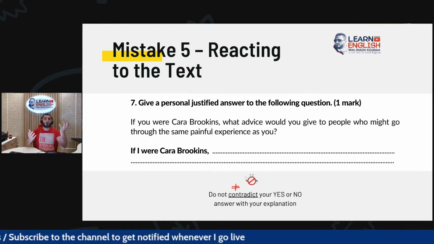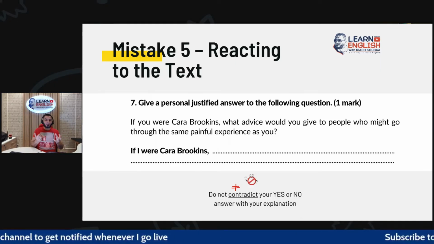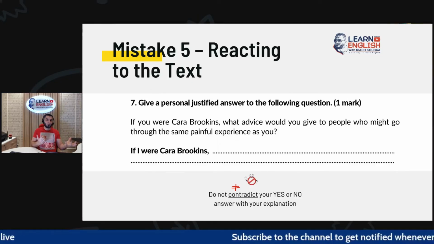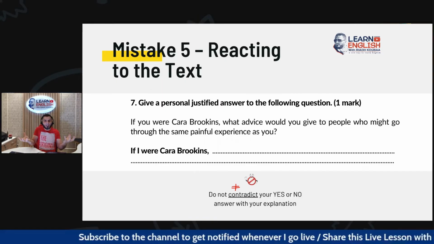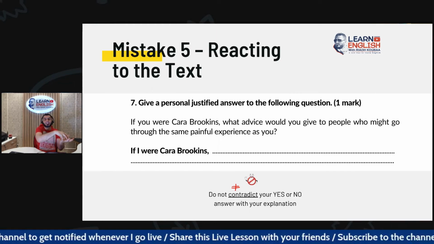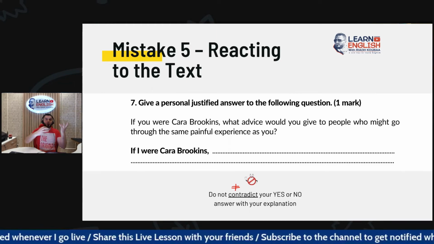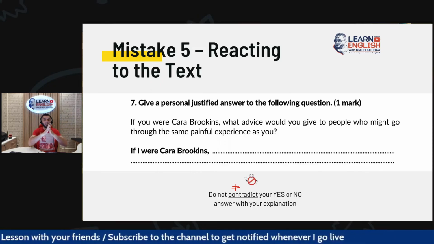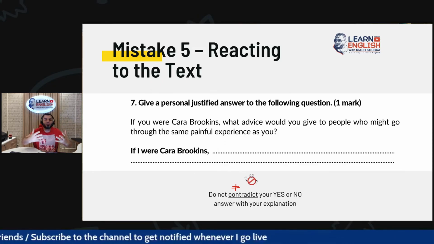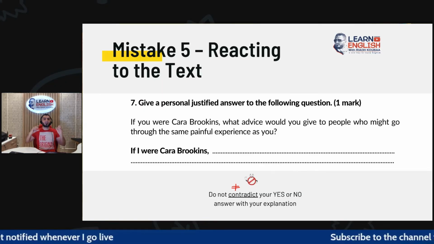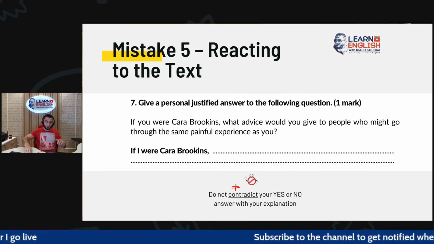So there is no harmony between your yes answer, yes, I would advise people, or I would do something, and then you justify it with another answer which contradicts the yes or no answer. So your answer and your justification should go hand in hand. You're not supposed to give very complicated answers here. You can get a full mark if you just answer in a very simple way.